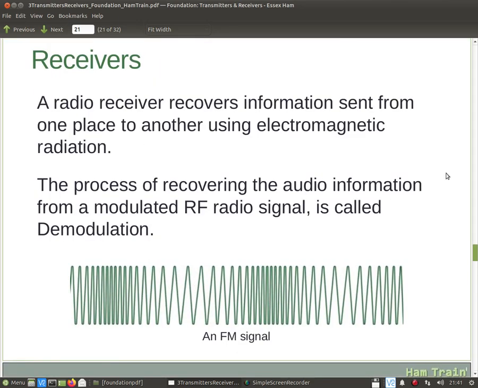As you can see there at the bottom, we have an FM signal. So this is a modulated radio frequency coming through. As you can see, it's not even. There are constricted parts and extended parts, so there is an audio form transposed into that signal, into that carrier.